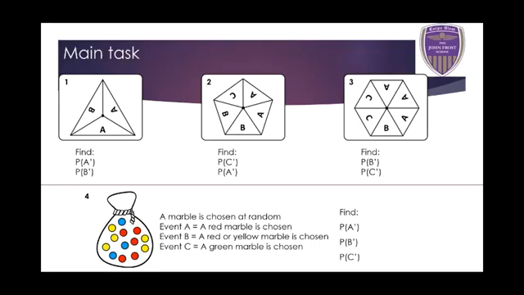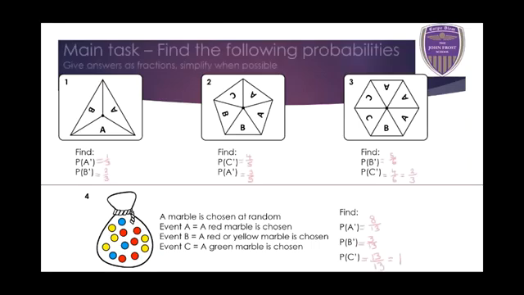And here are the answers. So just double check them. If you've got any answers totally wrong, or if you take your answer away from 1 and you get the answer on the board, that means you've just figured out the chance of the event happening, not the event prime, or not the event not happening.